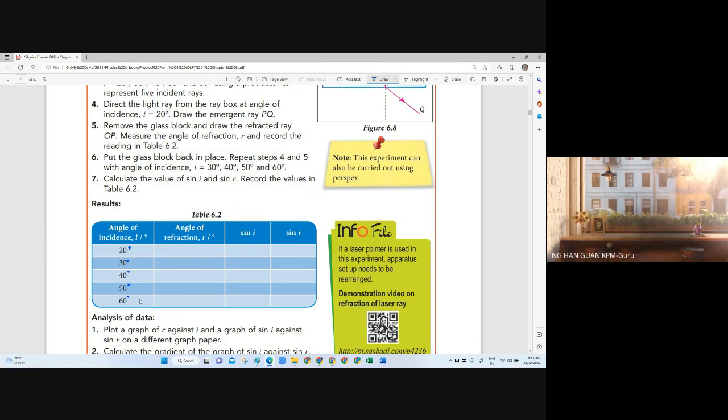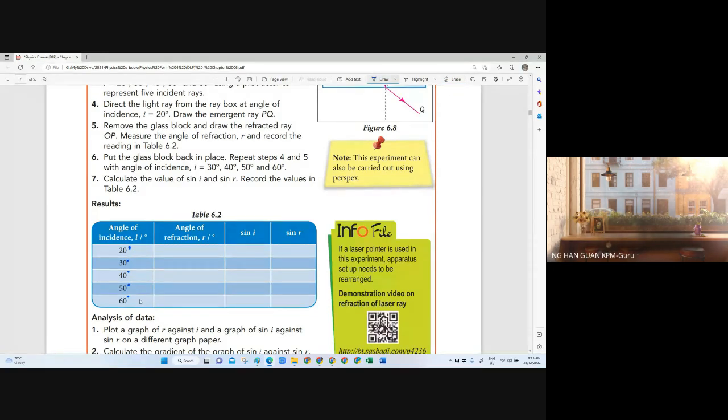The issue is that some students, when they write the degree, it becomes degree Celsius. Why does degree become degree Celsius? They are different units. You are not using a thermometer to conduct the experiment, you're using a protractor to measure the angle. I don't know why there is such a misunderstanding about this.